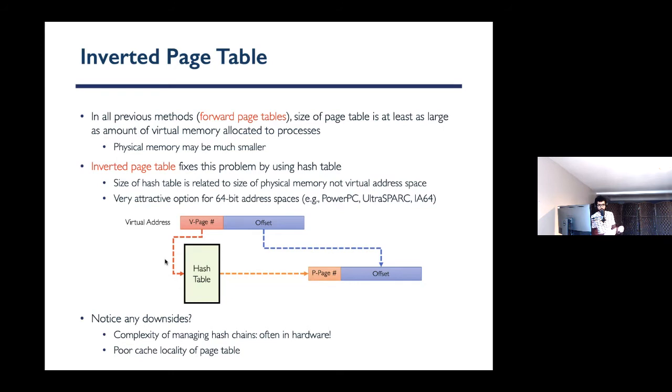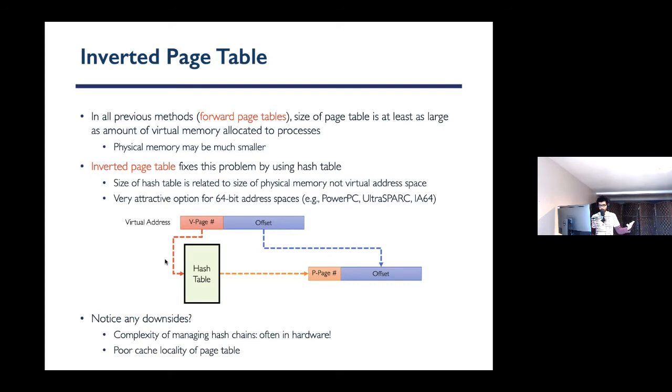Now, caches usually use physical addresses to cache data. You can see that this is not going to help if you have a hash table, because if you read a particular physical address, even if the next virtual address you read is consecutive, it might not be around this address.